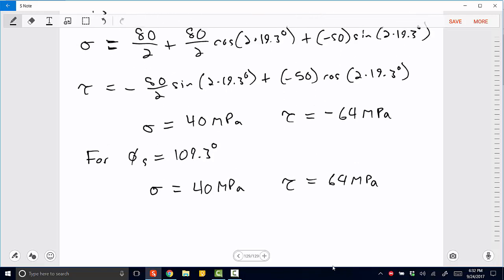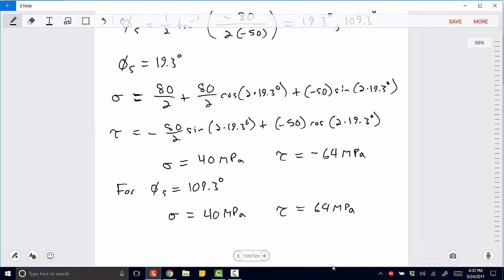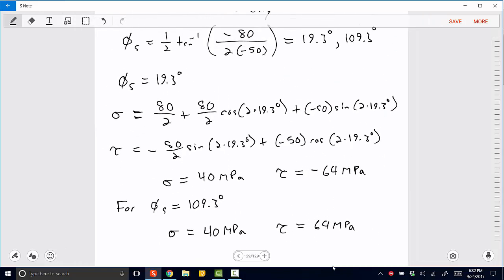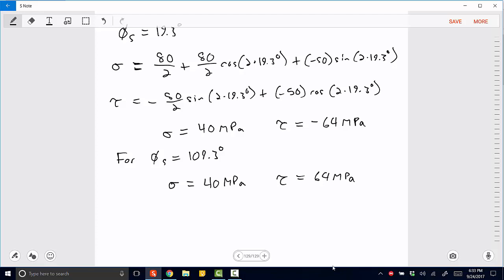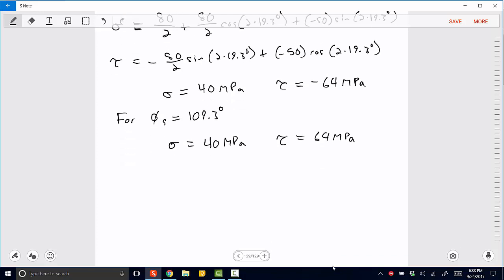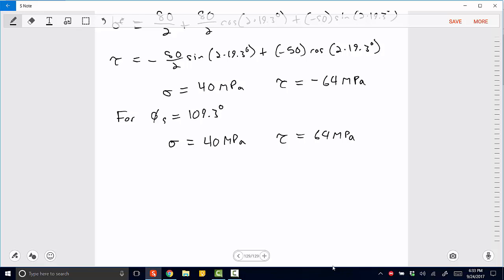And of course we know that our extreme values are going to be plus or minus each other. But now we've enforced that for both of these cases, the normal stress is equal, and the magnitude of the shear is the same, but the sense is opposite.